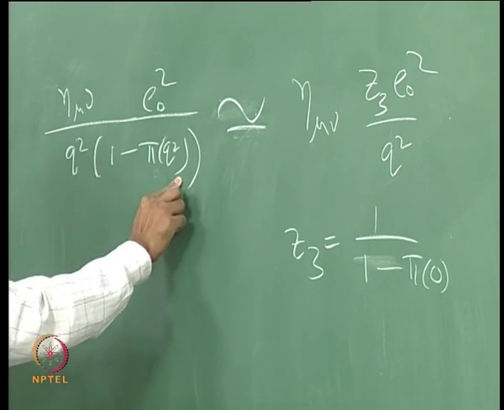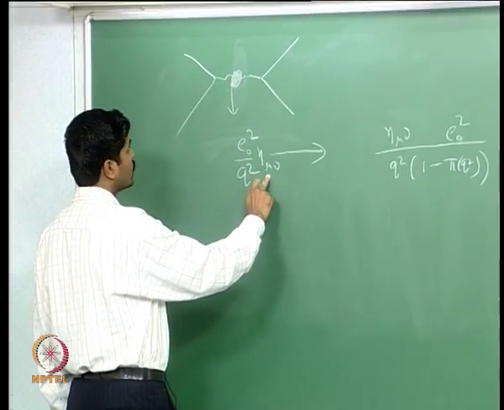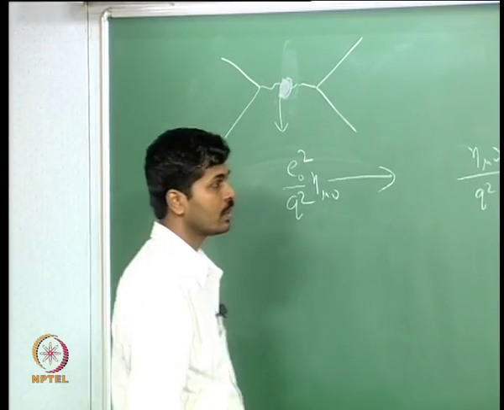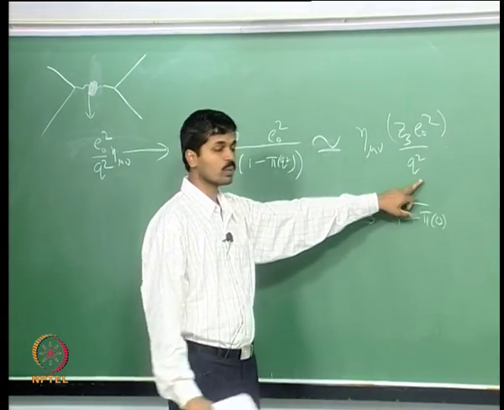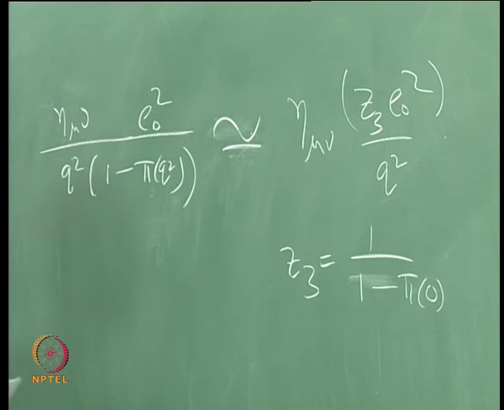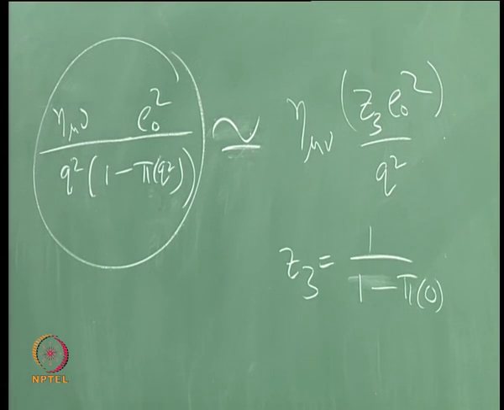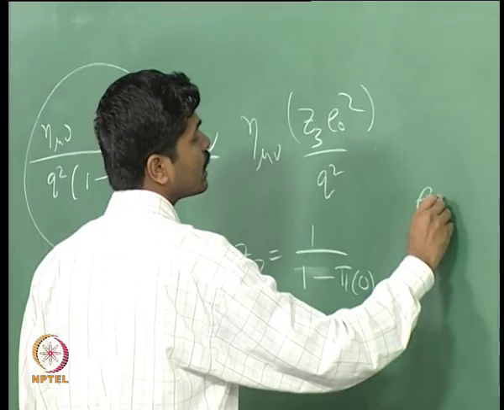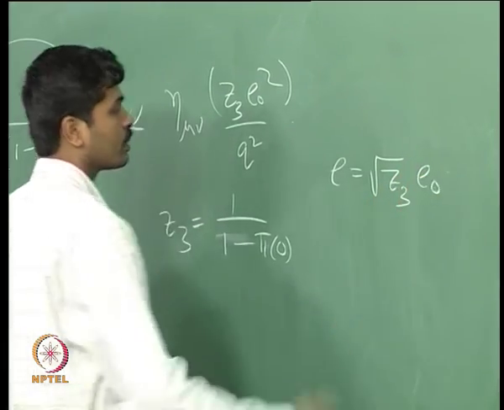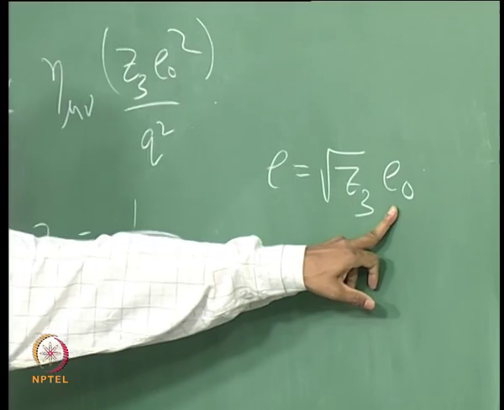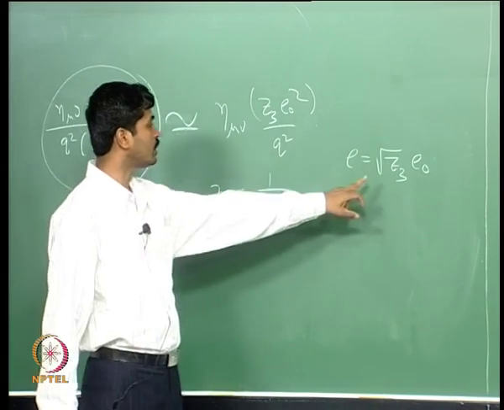So, the role of these quantum corrections, as we have seen, instead of simply e0 squared eta mu nu, which you get at tree level, when you include quantum corrections you get Z3 times e0 squared eta mu nu divided by q squared. So, this term basically modifies the charge of the electron, it renormalizes the charge of the electron, and e0 is replaced by e, which is given by square root of Z3 times e0. e0 is known as the bare charge of the electron, e is the physical charge of the electron, and the bare charge times square root of Z3 gives the physical charge.